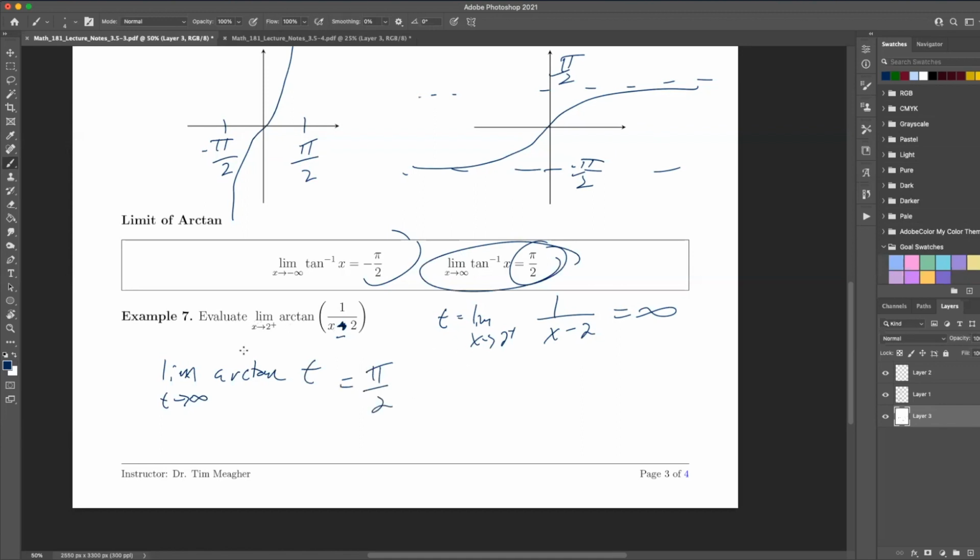We use this trick often in the last couple of sections: where we have some function that goes to positive infinity, negative infinity, or some limit, and then I want to take the trig function of it, you just do a replacement. You say t is equal to that expression, so t goes to this limit, and you just replace t here.